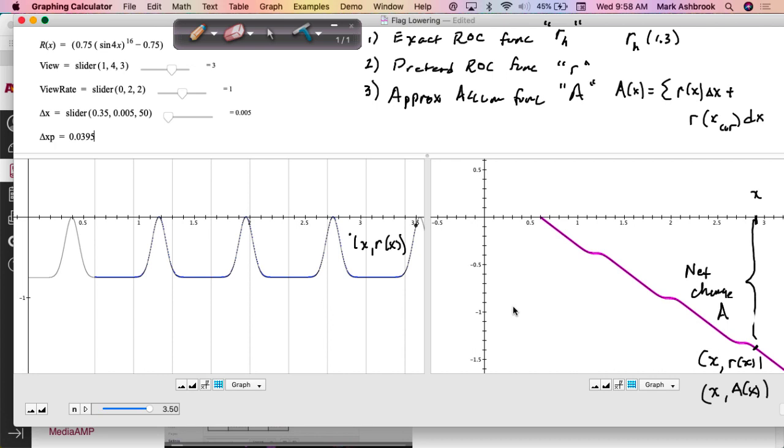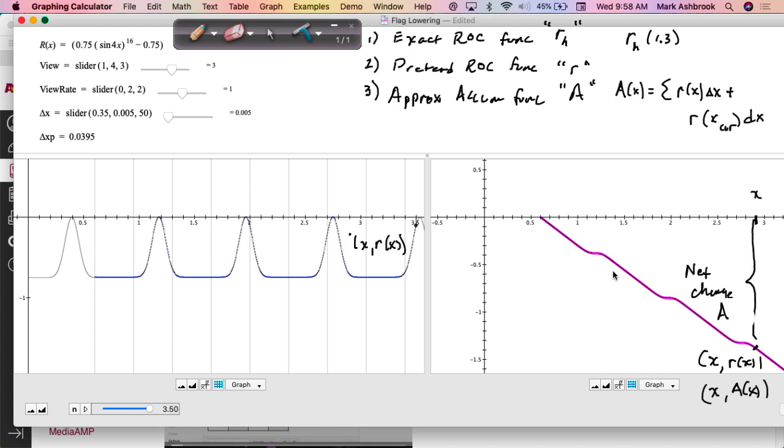So how small is small enough? It's small enough if making the interval smaller doesn't help. You've converged on something, then we call it a day. We say we're close enough. With really small intervals, we've got the exact accumulation function, okay?